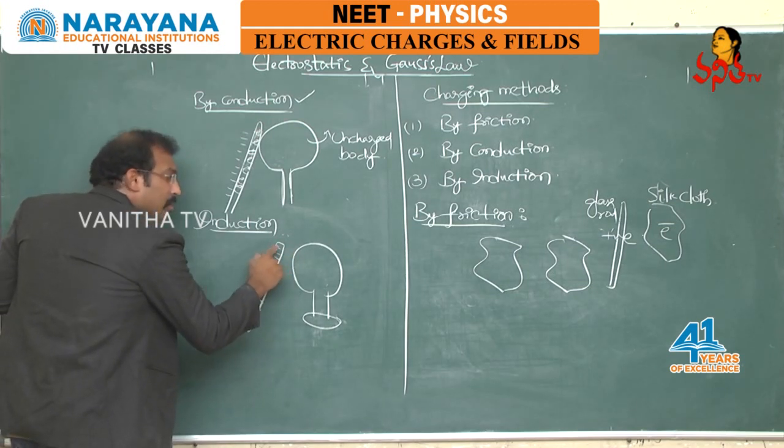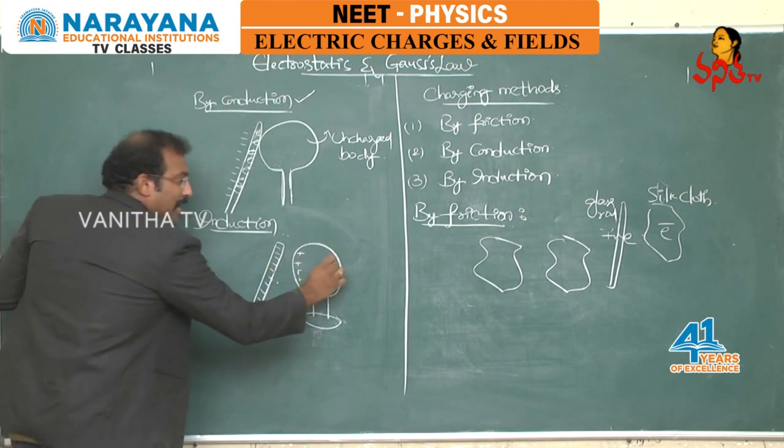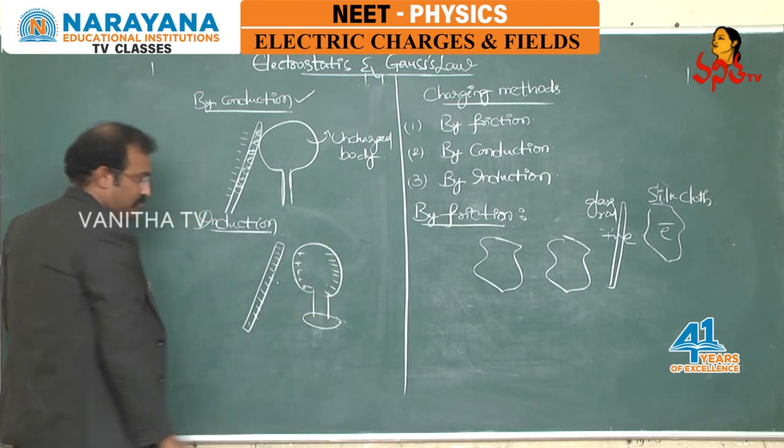That is, positive charge will be obtained near the charged body and negative charge on the other side.